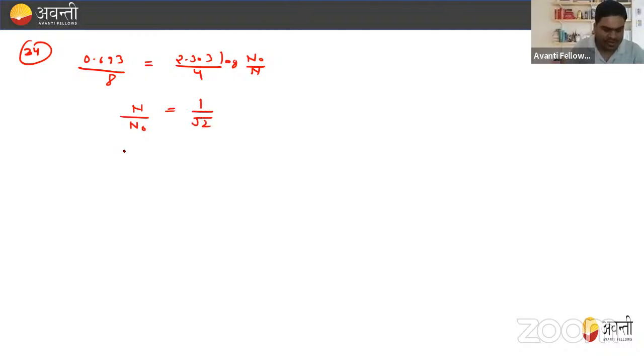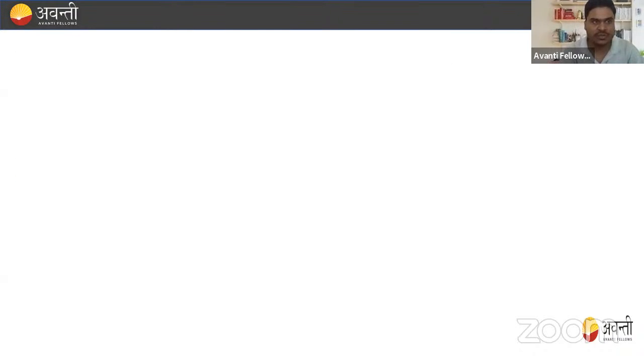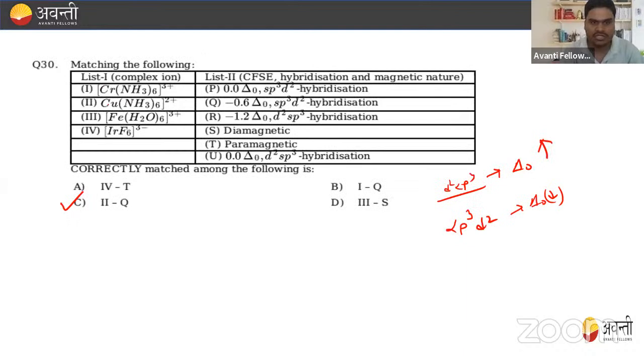So we know the value of this, that comes out to be 60 into root 2 upon 100. So this will come out to be 0.8485 milligram. So 0.8485 milligram is the correct answer for this question. I hope this is clear to you. We'll discuss all these questions in detail. If you face any problem related to this question, let me discuss this thing once again.